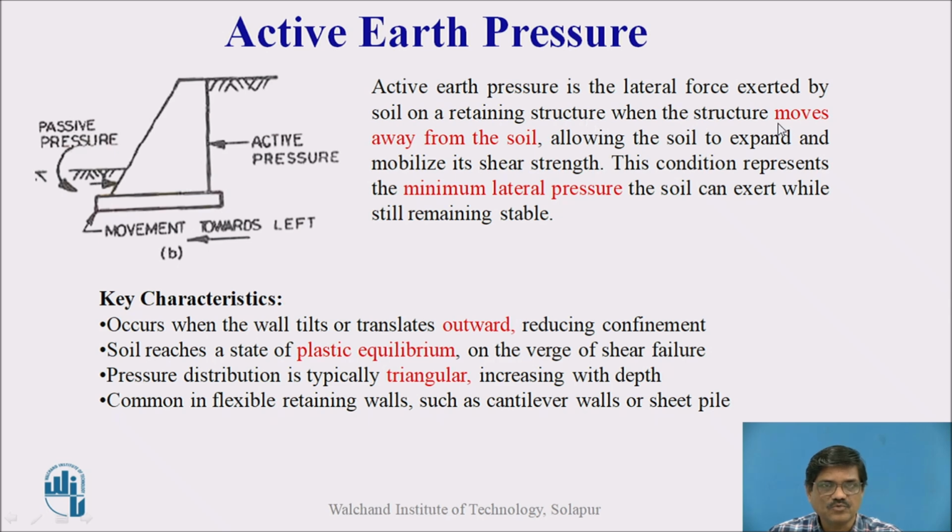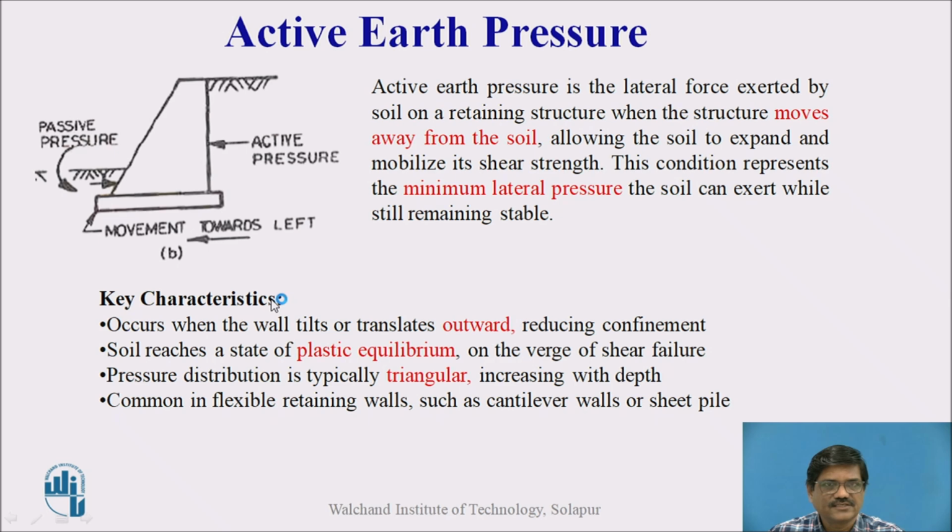So, it moves away from the soil. In such condition, whatever pressure is exerted, that we call active earth pressure. So, this condition represents the minimum lateral pressure. Active earth pressure is the minimum lateral pressure which is experienced by the retaining structure.